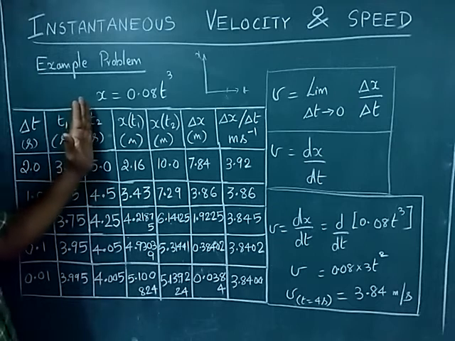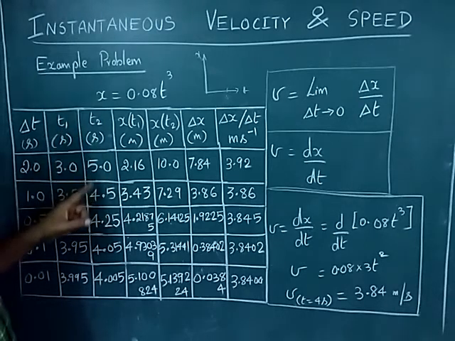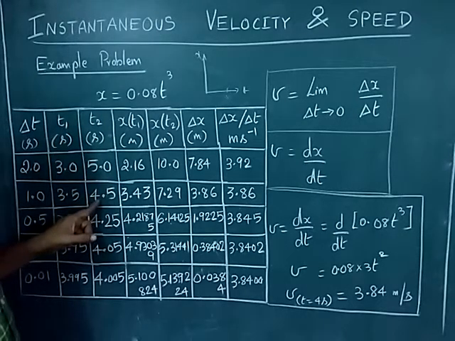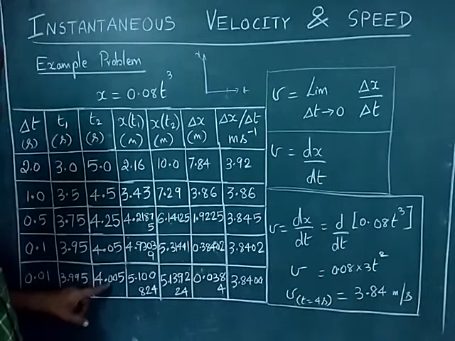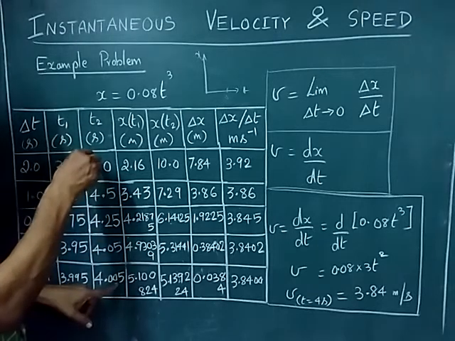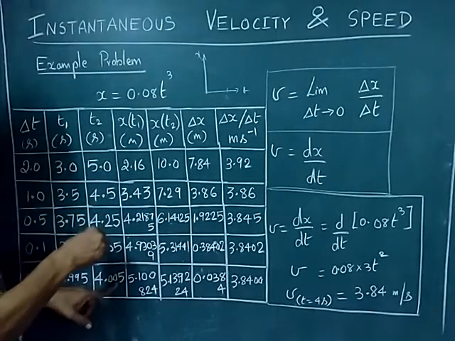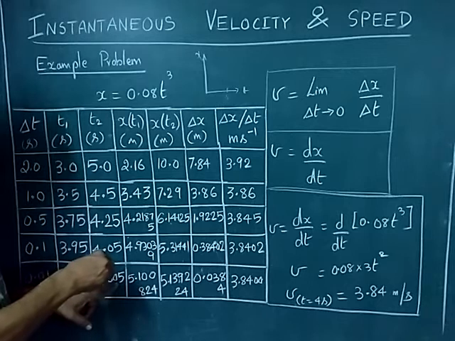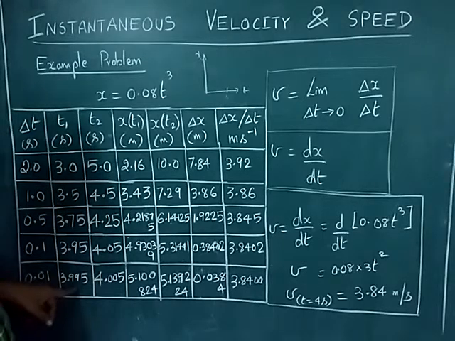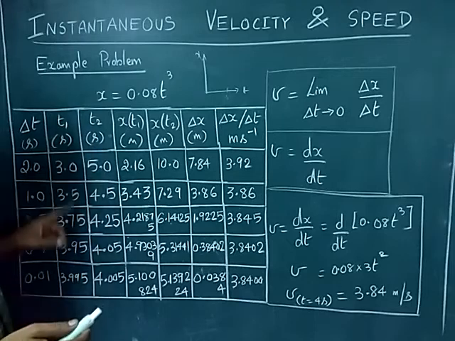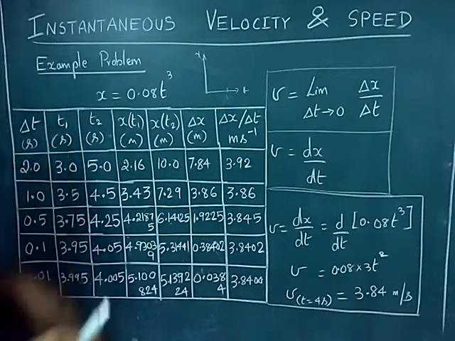Similarly, you are observing the time interval t2: 5, 4.5, 4.25, 4.05, 4.005. If you see, this value is decreasing and moving very close to 4. Here again, this 3 is slowly increasing and reaches very close to 4. 3.995 is very close to 4, whereas 3 is somewhere outside.